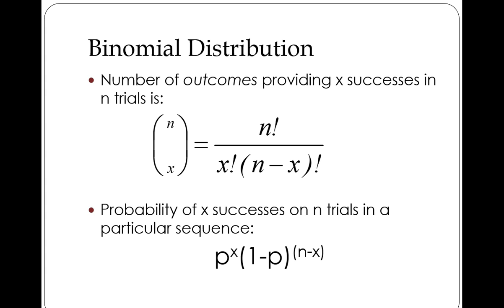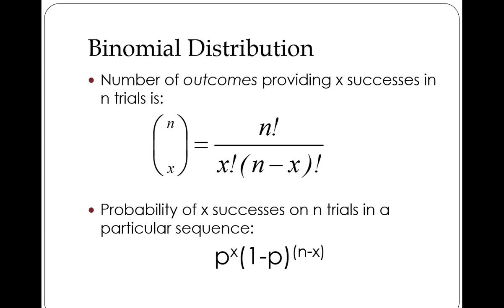Now, the first thing we've got to think about is how many different ways we could get a success in n trials. That is a combination, like we did in our last probability chapter, so that should look really familiar. That is n factorial over x factorial times n minus x factorial.